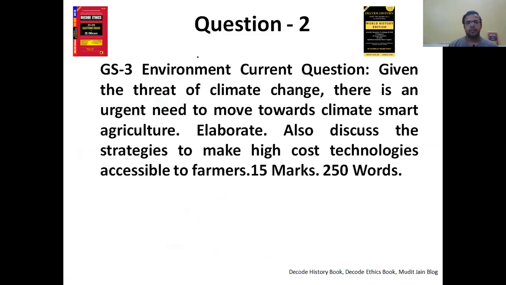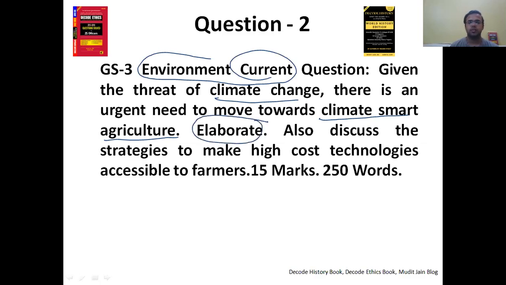Second question. It is an environment question, completely current affair based question. So, question is: given the threat of climate change, there is an urgent need to move towards climate smart agriculture. So, there are two keywords: climate change and climate smart agriculture. You have to elaborate this statement.